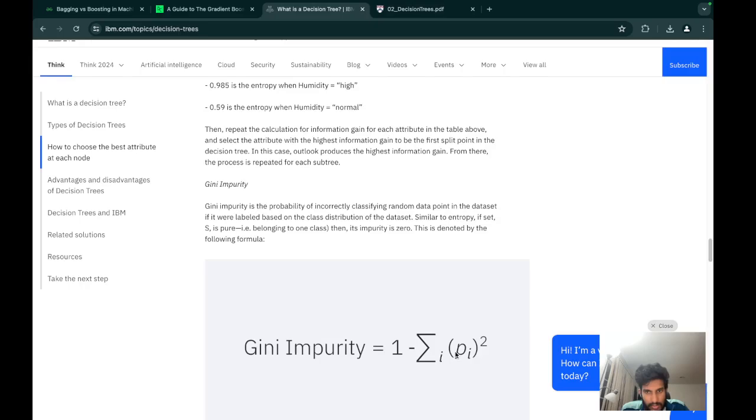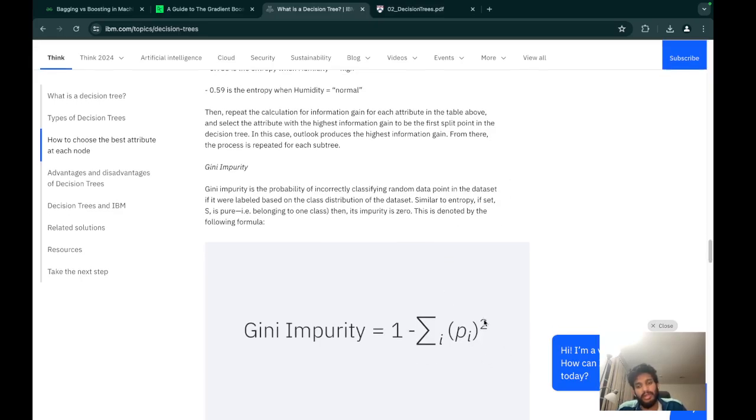It's basically 1 minus the sum of probability squared. So if we have 50% of it, that would be 0.5 squared, so 0.25 into 0.25.